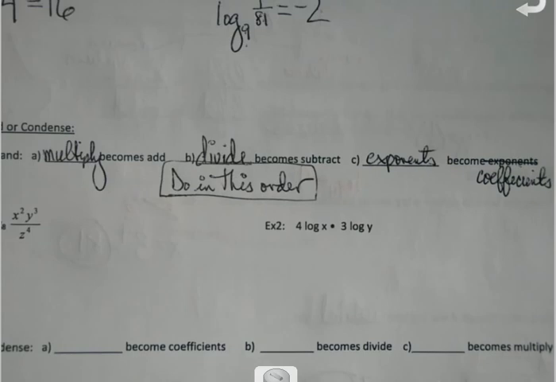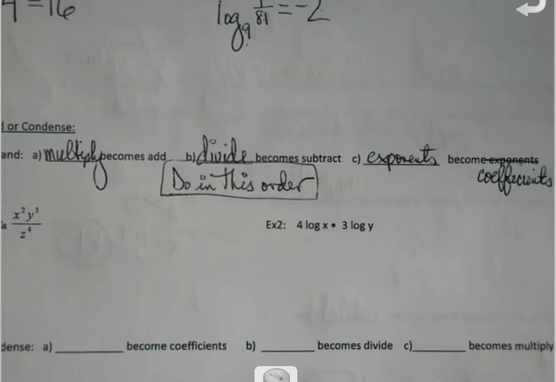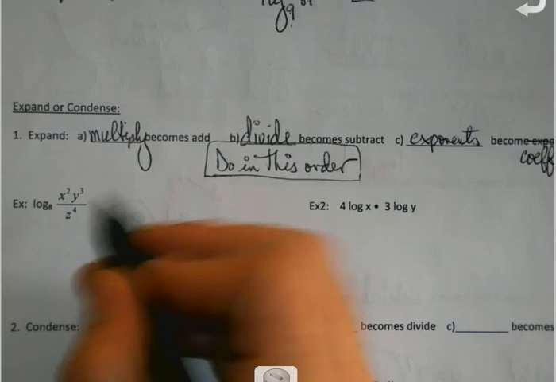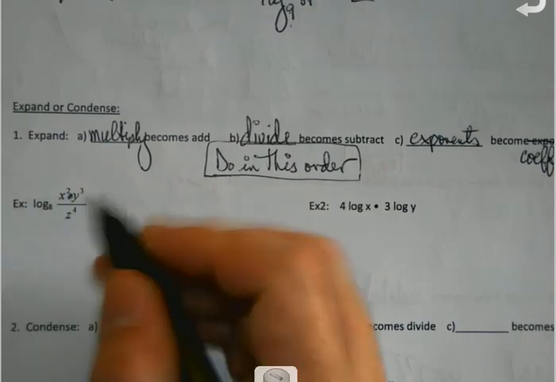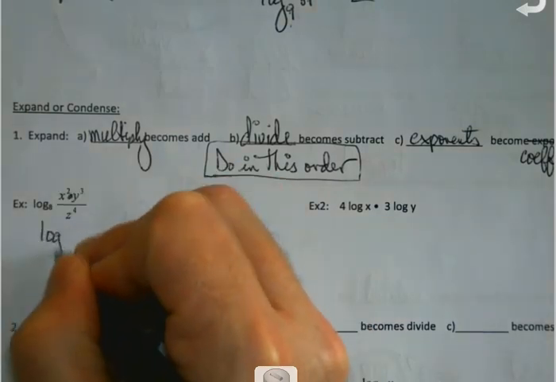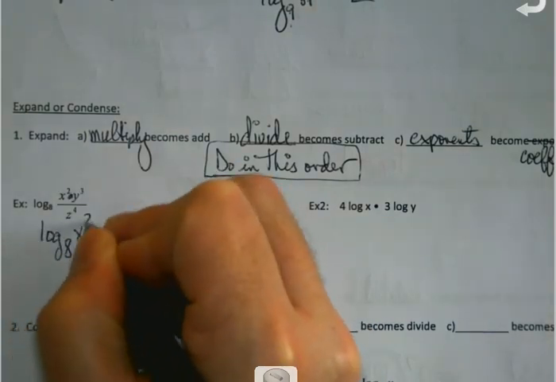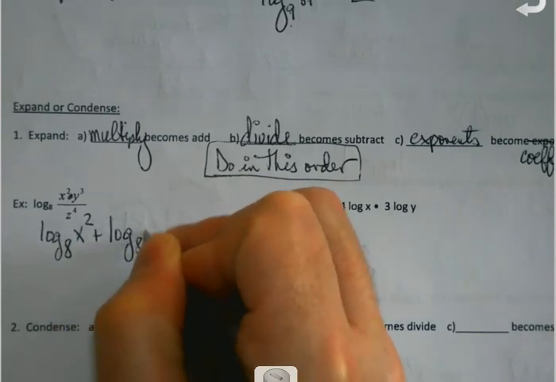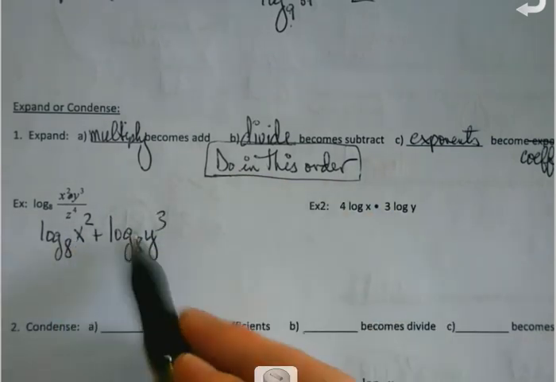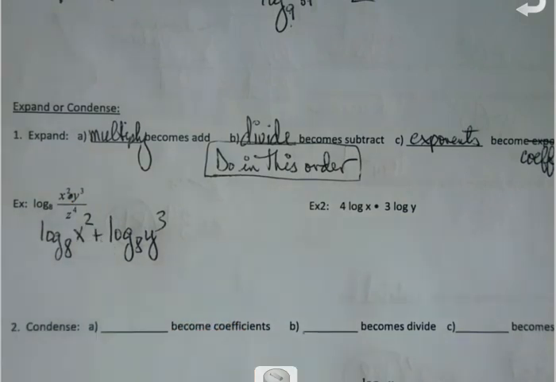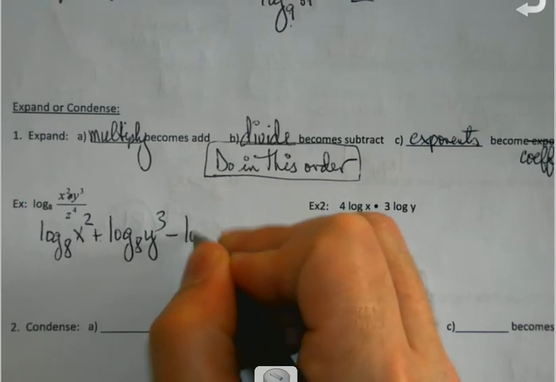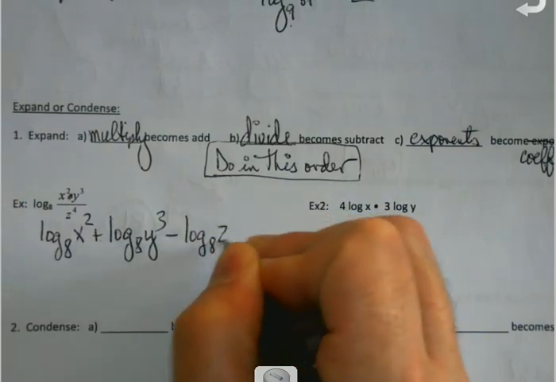So when I actually get to doing these, like in my first example, I'm like, okay, I see multiplication here. These two are being multiplied. So I've got to keep my log each time. Okay, so I don't get to write log 8 just once. I need to write it twice. So for this part, that times becomes plus. The divide becomes minus, still with a log 8 though. Every single term gets that.